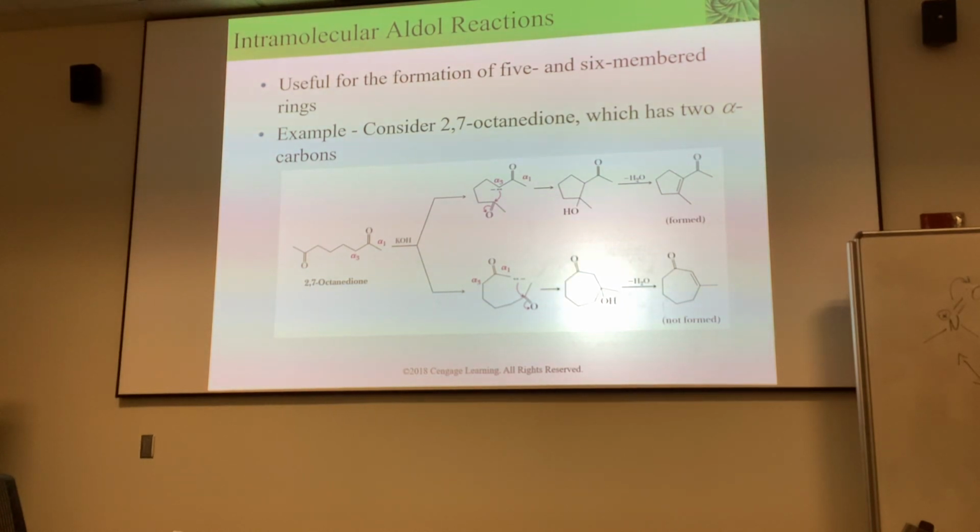So I'm not going to make you do 3D drawings and rings of like 13, or a 7-membered ring with a 6-membered ring jutting out or something. I don't want to put those on your exams, but they are kind of fun. Not that I won't necessarily put some sort of intramolecular aldol reaction on there.